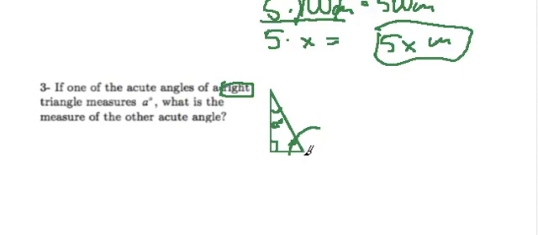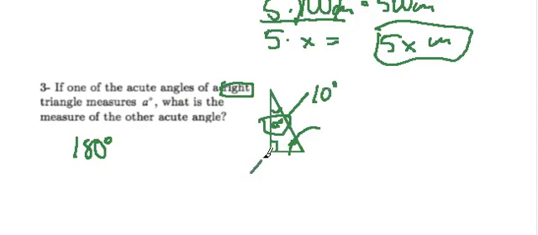Well, important to know is you've got 180 degrees total in a triangle. If you don't know that, you can't really do this problem. But if I know this angle is a degrees, this would be easier if it were less algebra-y. Let me replace that with some number, like, I don't know, 10 degrees. 10 is often a great number to just throw into these.